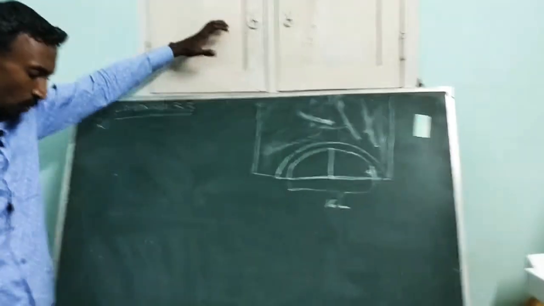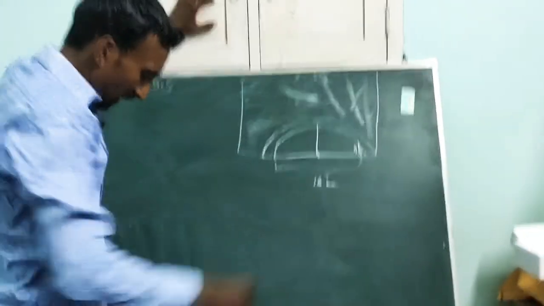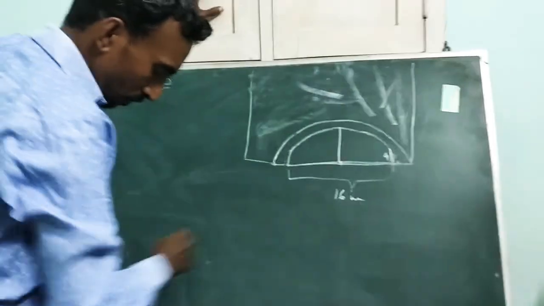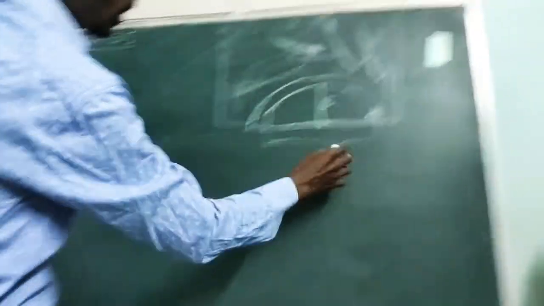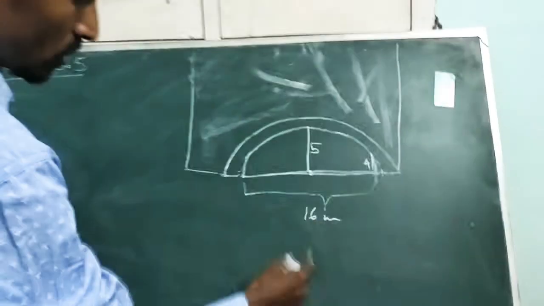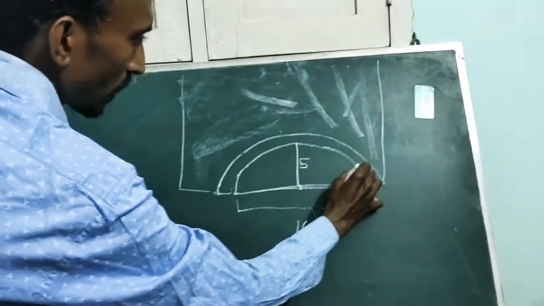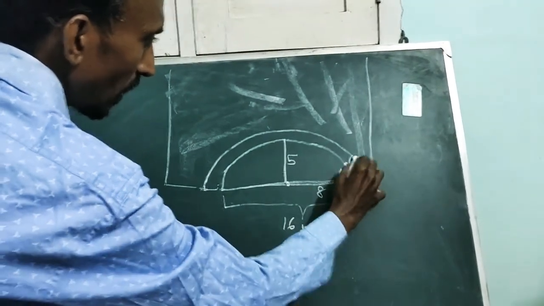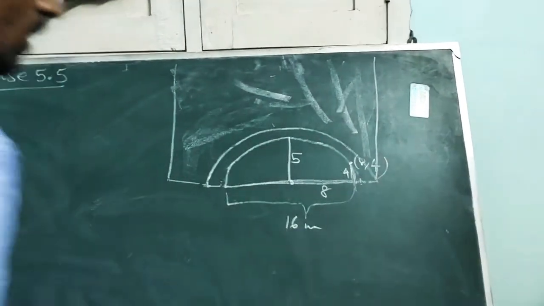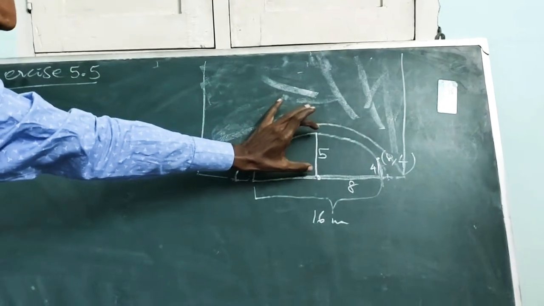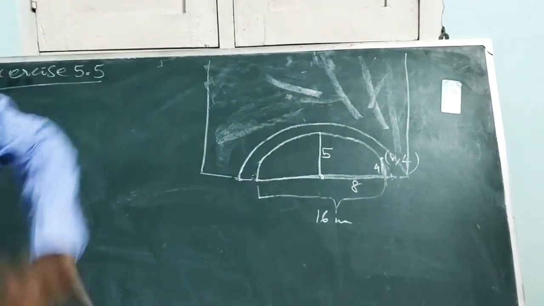The height of the opening is 5 meters. It is also given in the problem. Symmetrical, so divided into 2, 16 becomes 8. So this point is 8 comma 4. The length of the semi minor axis is 5.